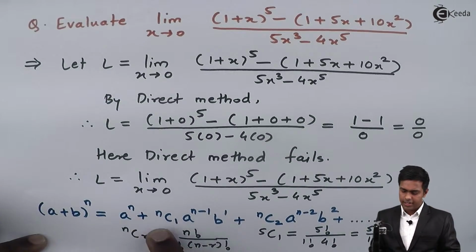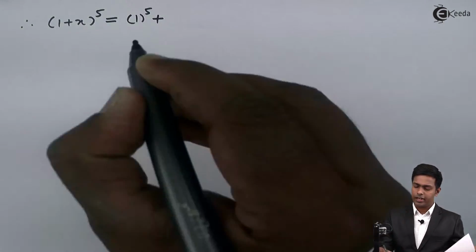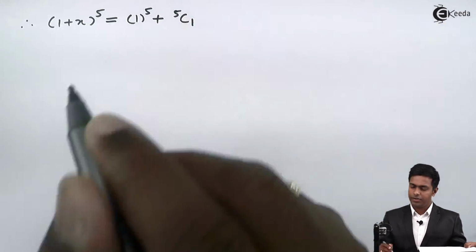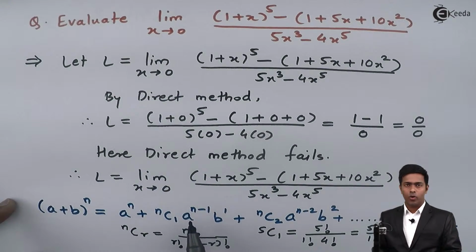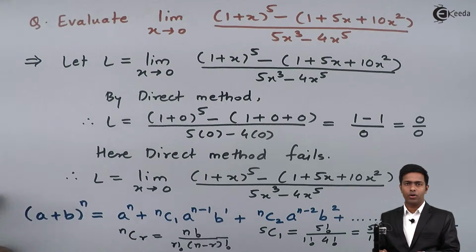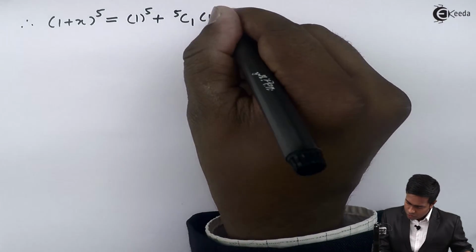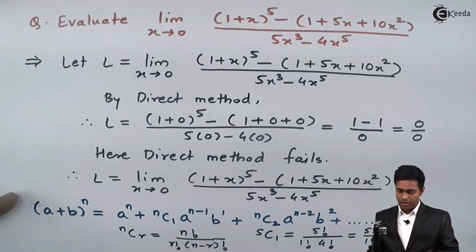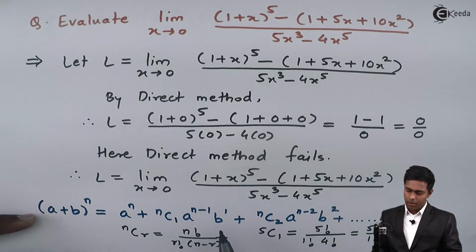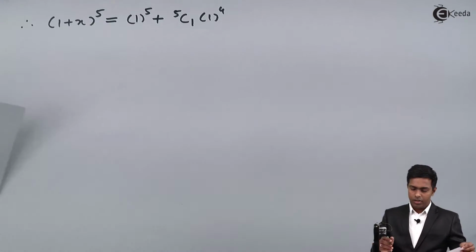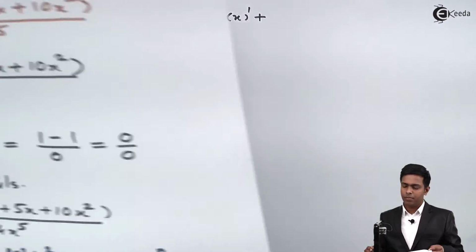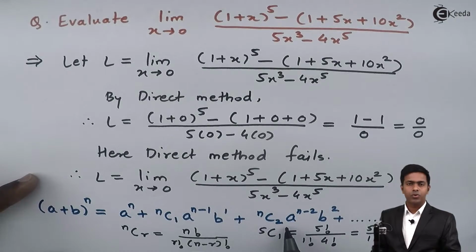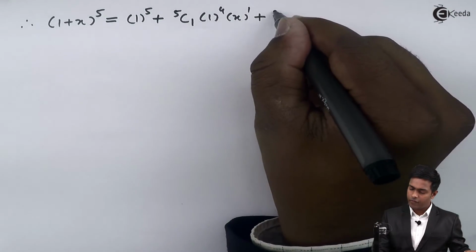Next we have nC1, so n is 5, so we will get 5C1. A raised to n minus 1, a is 1, so 5 minus 1 is 4, so 1 raised to 4. Next b raised to 1, here b is x, so x raised to 1, plus nC2, so n is 5, so we will get 5C2.